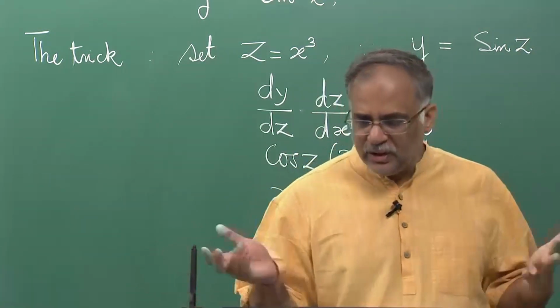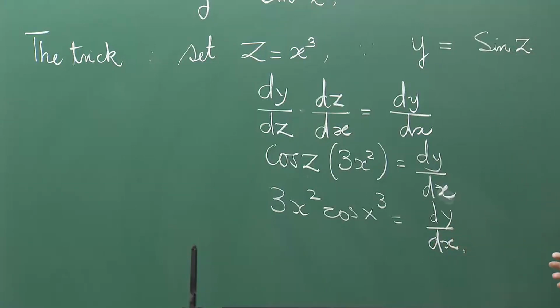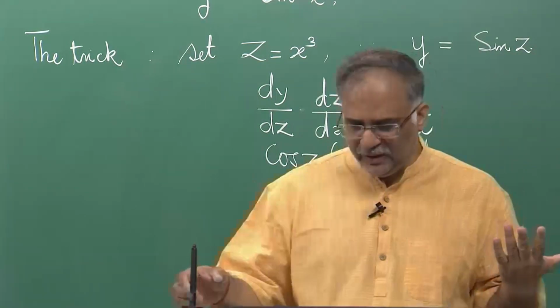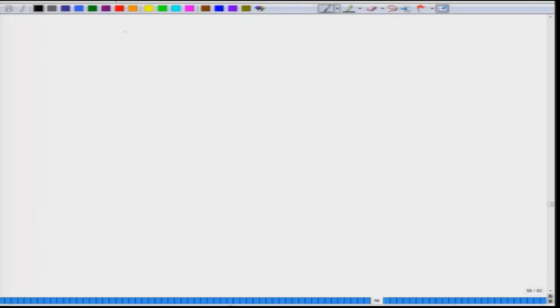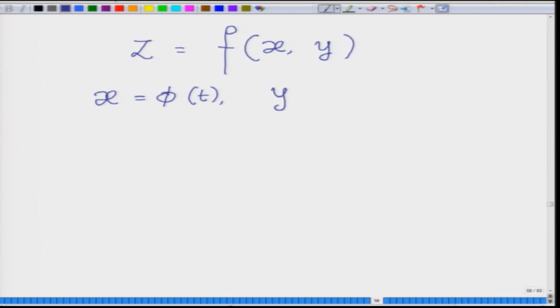But what happens if I have a scenario like this, that my z is a function of two variables x and y, which are real variables, while x is a function phi of some t and y is psi of t, not the same function.